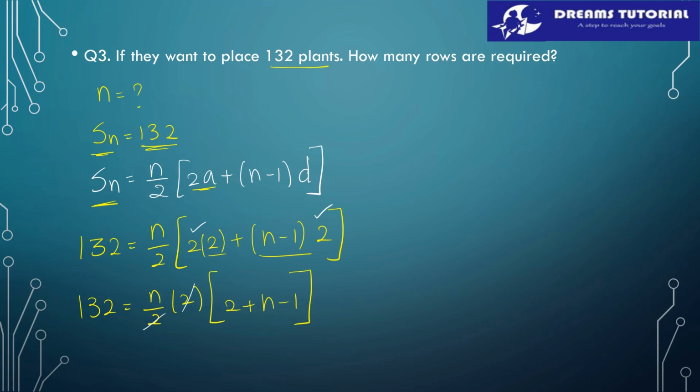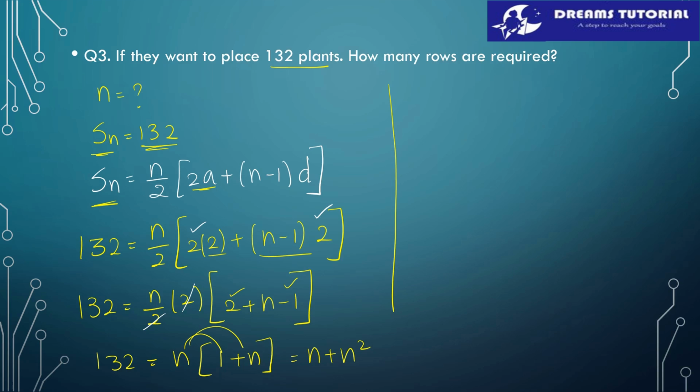So the next step is 132 is equal to n into (2 - 1 + n), which is 1 plus n. Of course you can take the n inside the bracket as well, so this is equal to n plus n square. So we have 132 equal to n plus n square. When simplified, we get n square plus n minus 132 equal to 0.